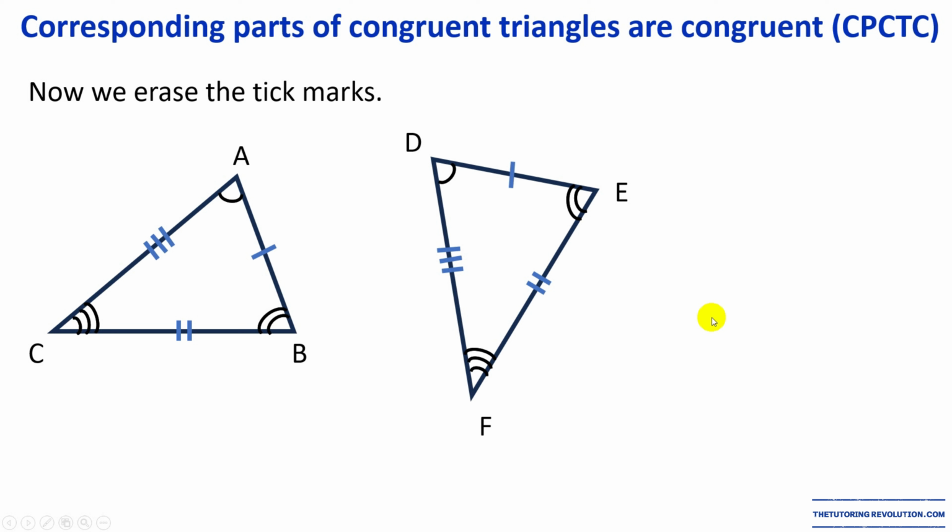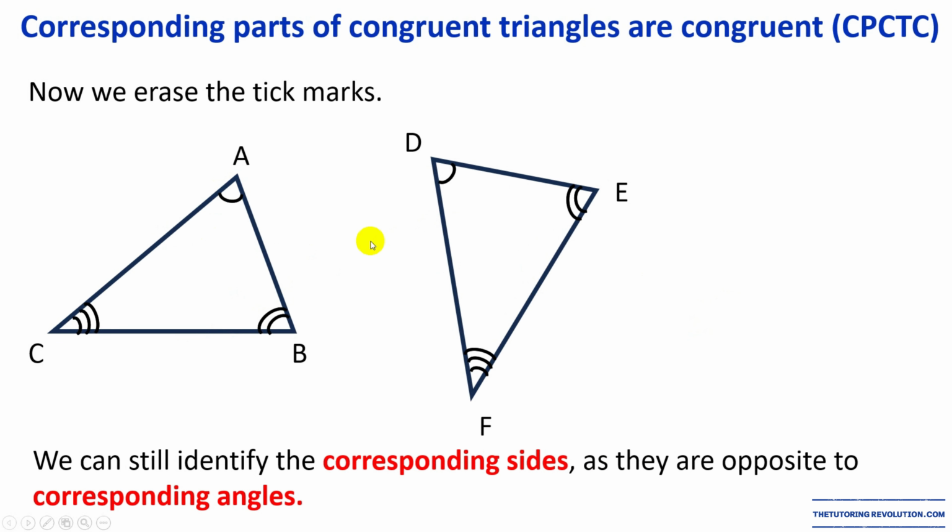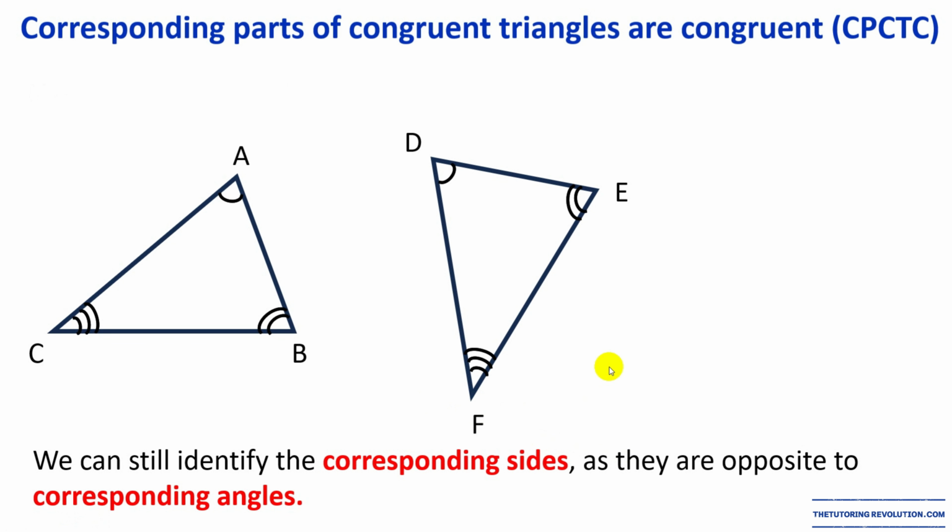Okay, now instead of erasing the angle marks, we're going to erase the tick marks in these two triangles. Even though we erase the tick marks, we can still identify the corresponding sides as they are opposite to corresponding angles. So let's identify the corresponding sides.